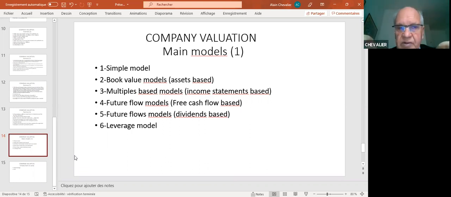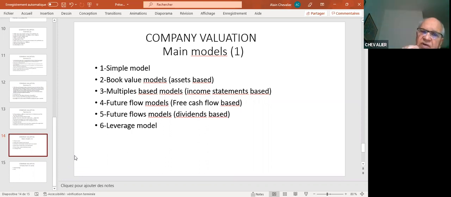We have what we called a simple model. And the simple model is the relation between the price of a share, the earnings per share, and the price earnings ratio. We had the discussion on that. We know that it is simple, but we know also that it could be in contradiction with results obtained by some other models, which is one of its weaknesses.